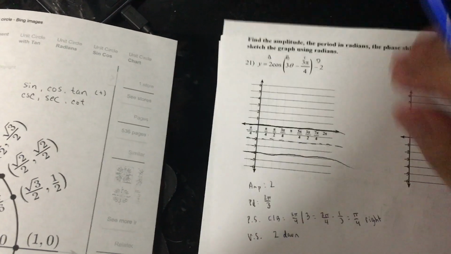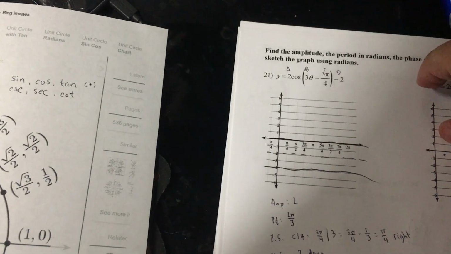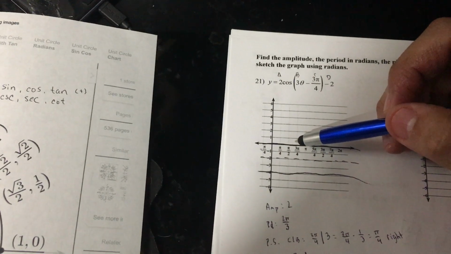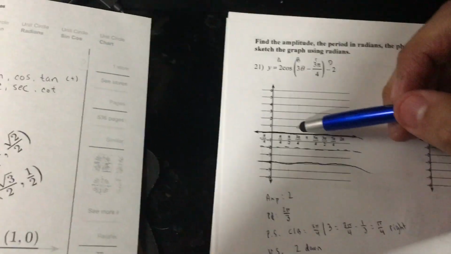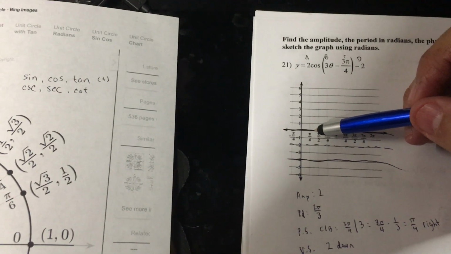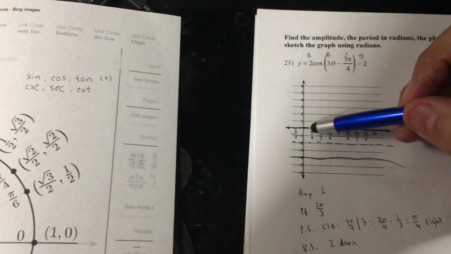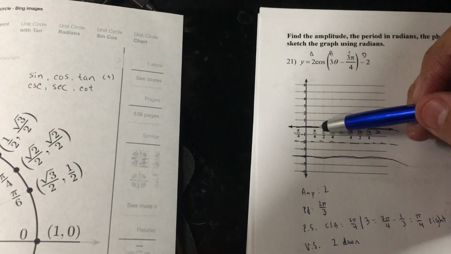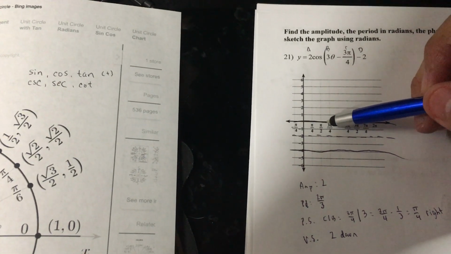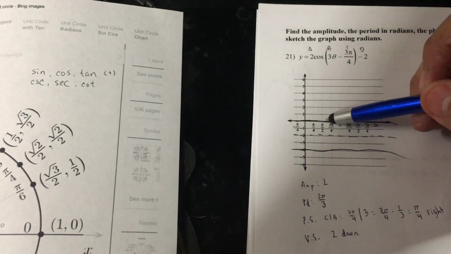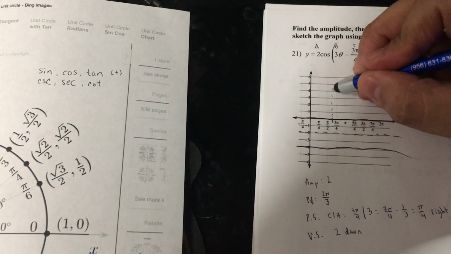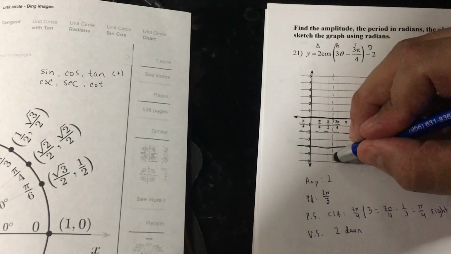Period is 2 pi over 3, so this is actually not too clear here. So 2 pi over 3, guys, would be pi over 4, about right here in the middle. I know that's not so great here, but it would be right here.